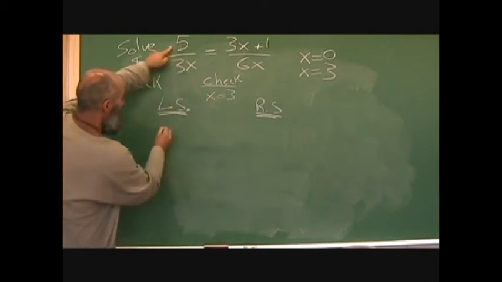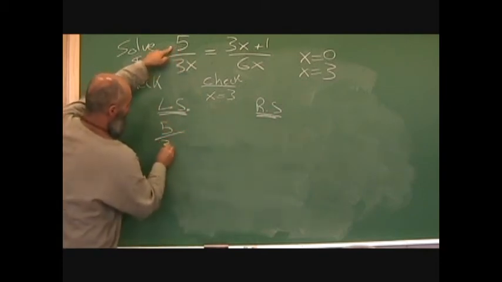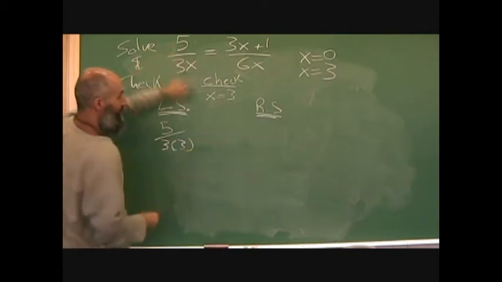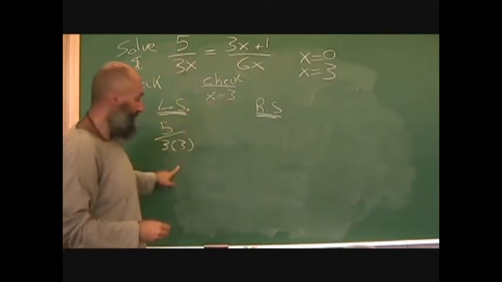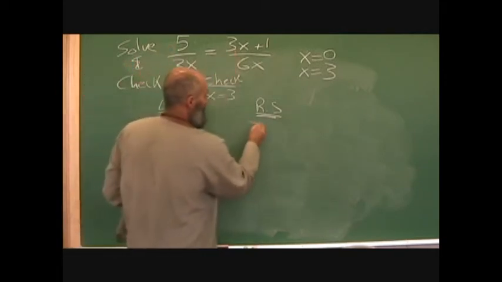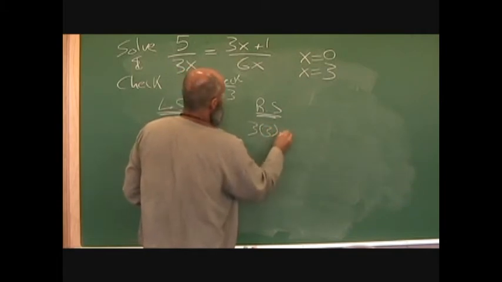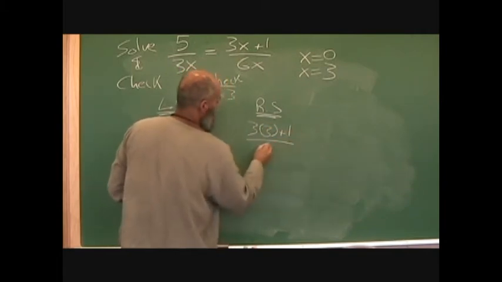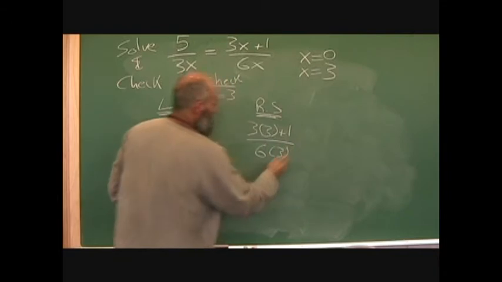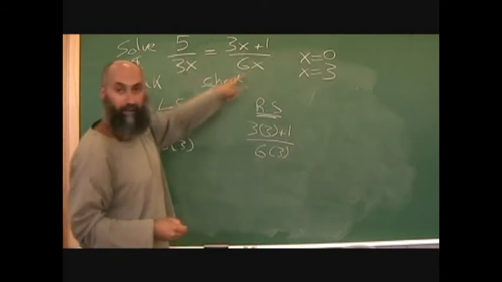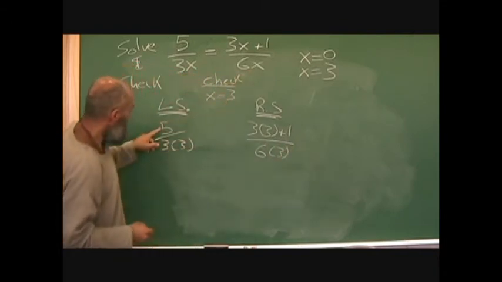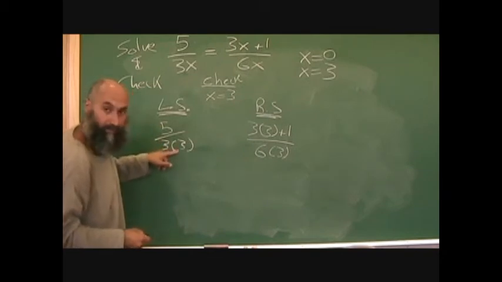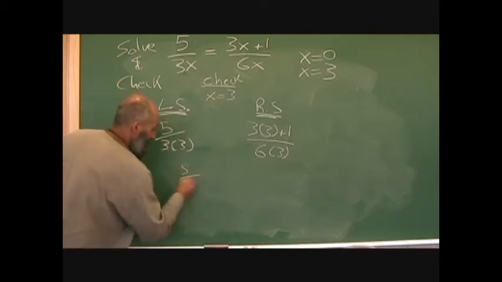What you're going to do is plug in x is equal to 3 into the left side. So this is 5 over 3 times 3, because we're subbing in x is equal to 3. On this side, we're going to go 3 times 3 plus 1 over 6 times 3. So wherever you see x, you're plugging in 3. 5 over 3 times 3, that's just 5 over 9.